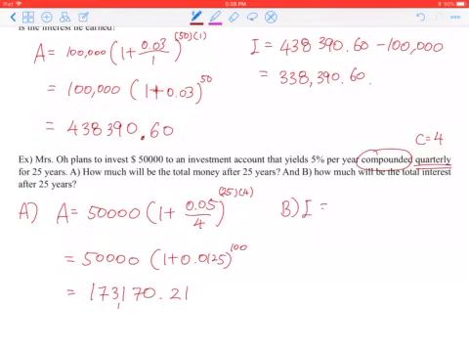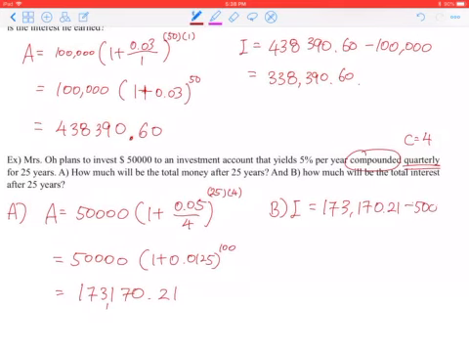Well, I equals the interest amount, so my wife's initial amount will be taken out from the total amount. So in this case it is minus $50,000, and that will be $123,170.21.